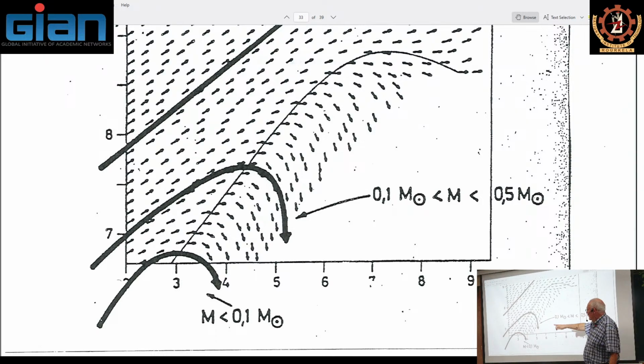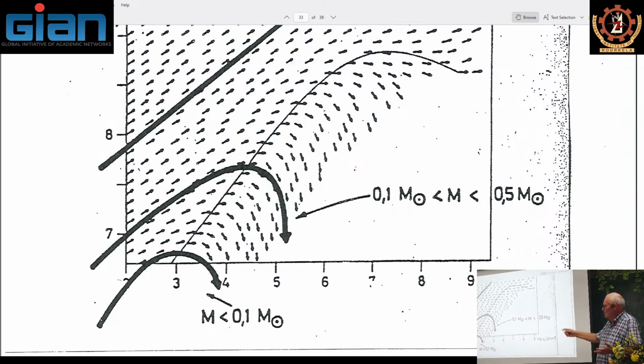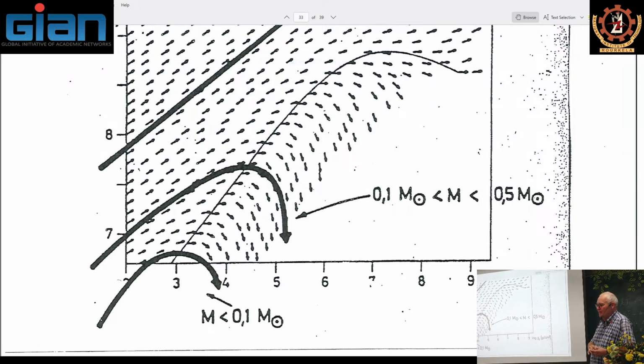So you have a range of masses, and depending on the mass, you will not reach helium burning, or carbon burning, oxygen burning, neon-magnesium burning, and you will stop the evolution due to degeneracy before some of these stages of burning are reached. Okay, this is an effect of degeneracy.